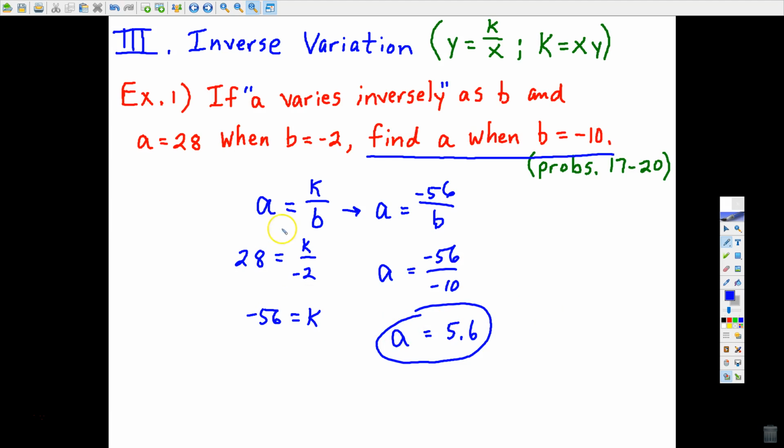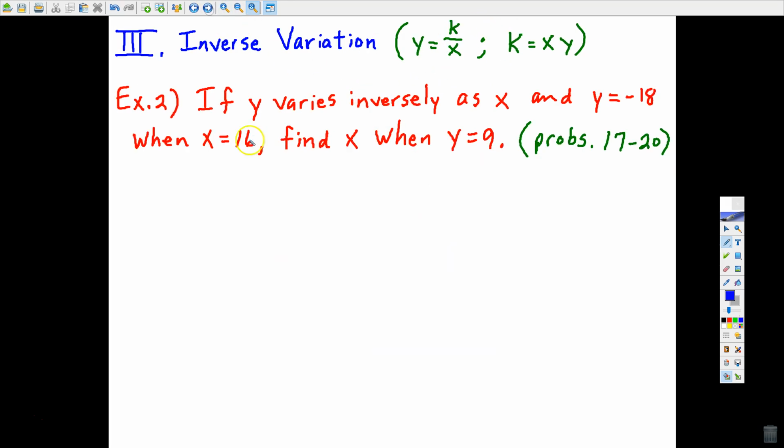So very similar process-wise, but very different equation for inverse variation. Notice the difference between inverse and direct. Direct always implies multiplication by K. Inverse always implies division into K. K will always be the numerator. Alright, let's try another one of those.